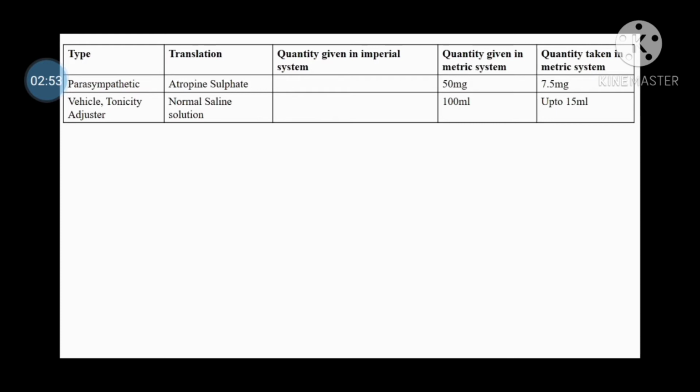Then normal saline solution, which is used as a vehicle and tonicity adjuster. For 100 ml of preparation it will require up to volume 100 ml, and for 15 ml of preparation it will require up to volume 15 ml.